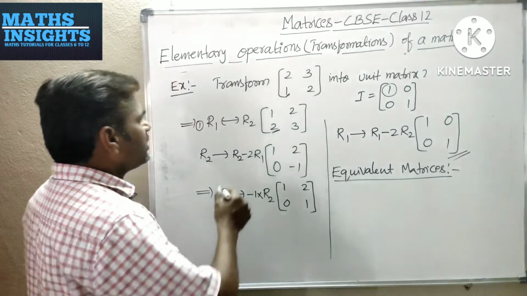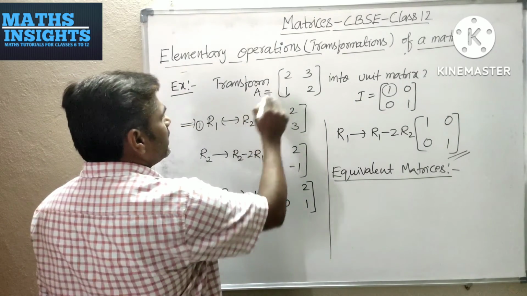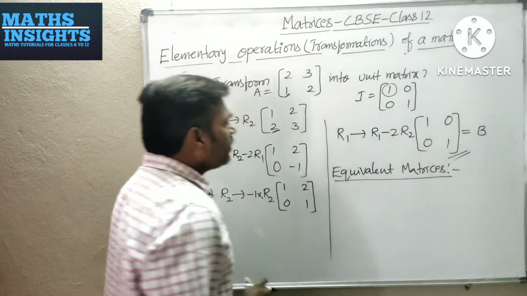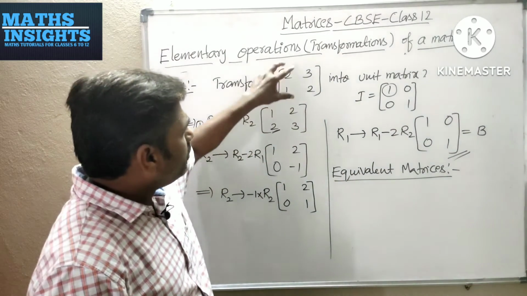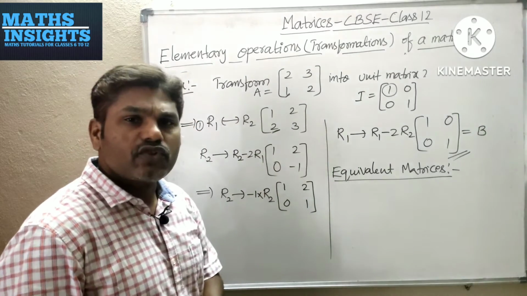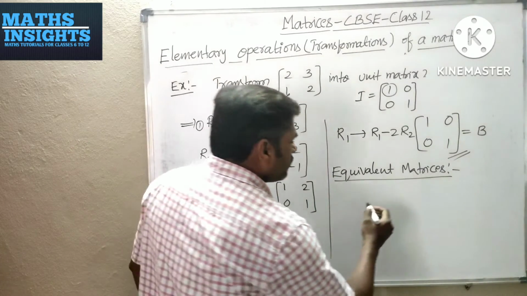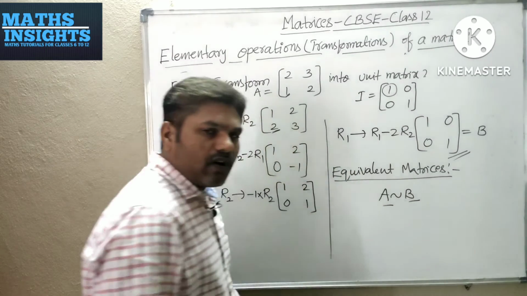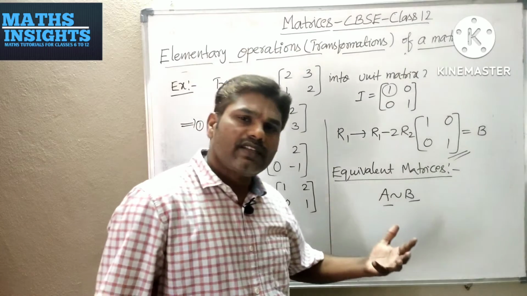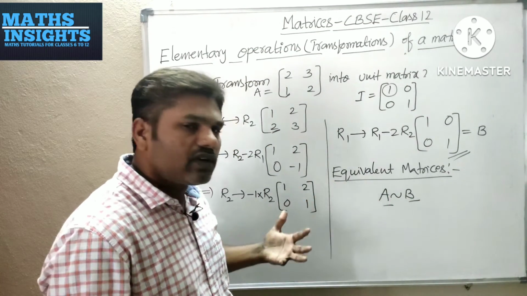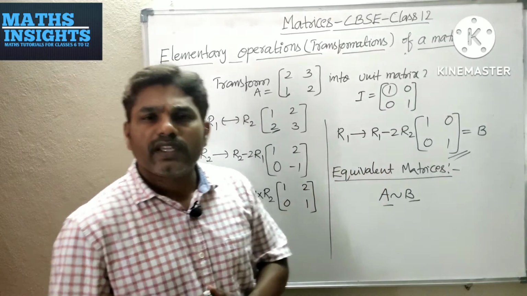So in this case we named it A. Suppose you name the result B, after applying the elementary row operations on this matrix. These two matrices are said to be equivalent matrices. We can write it as A is equivalent to B. So after transformations, the resulting matrix is said to be equivalent to the first one, or the first one is said to be equivalent to the second one.